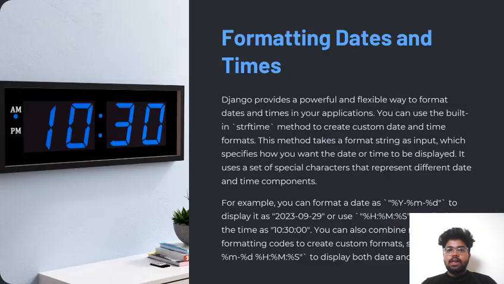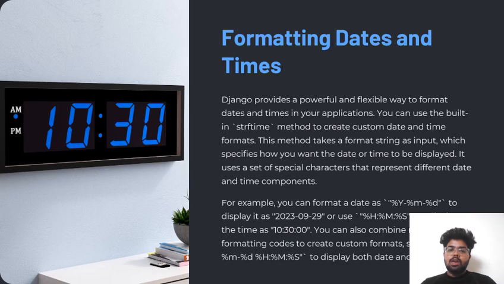Formatting dates and times. Django provides a powerful and flexible way to format date and time in your application. You can use the built-in strftime method to create custom date and time formats. This method takes a format string as input, which specifies how you want the date or time to be displayed. It uses a set of special characters that represent different date and time components.